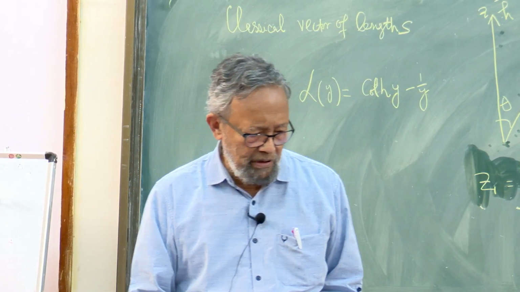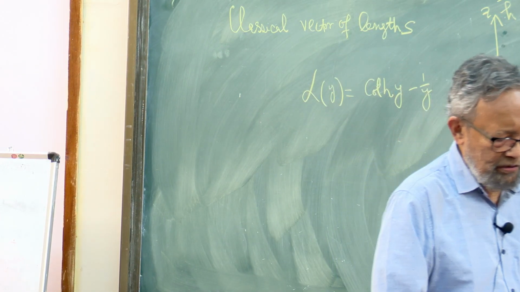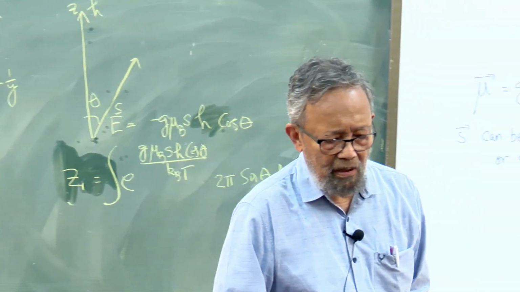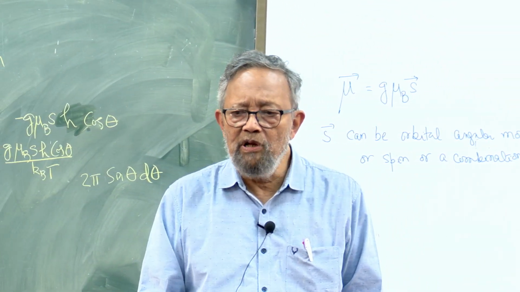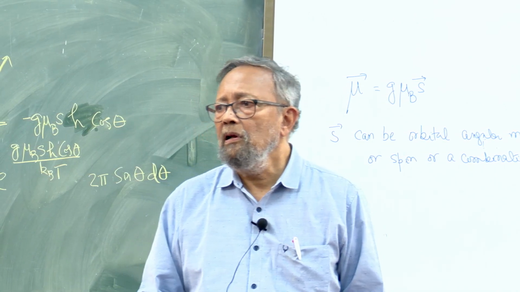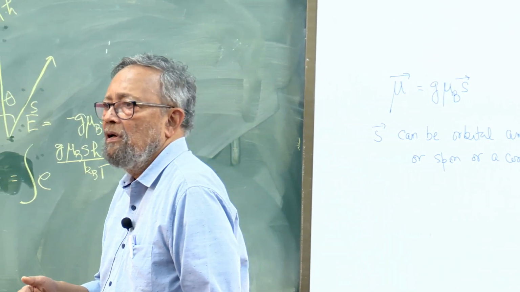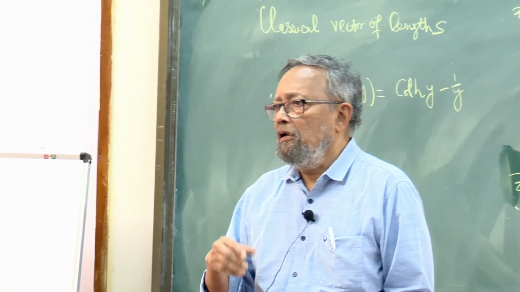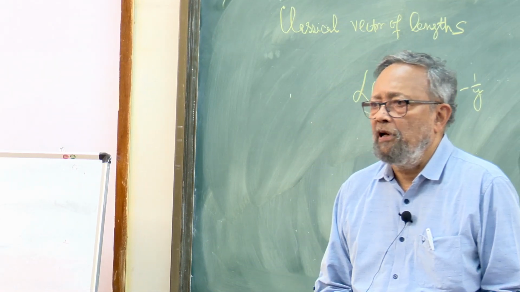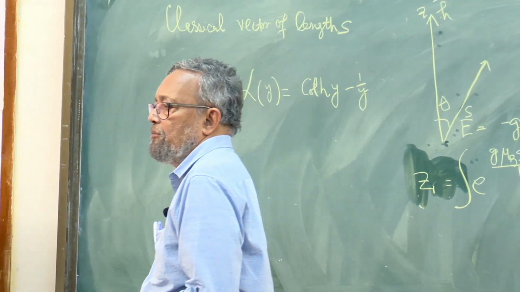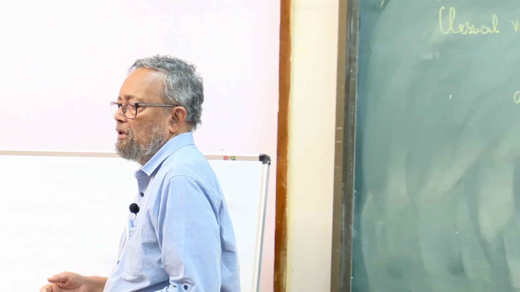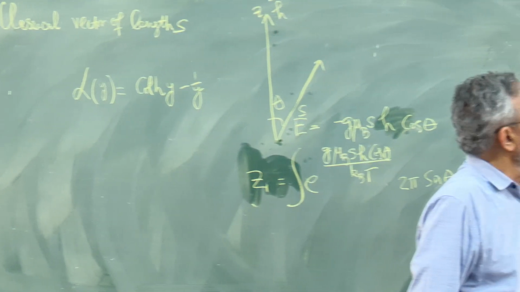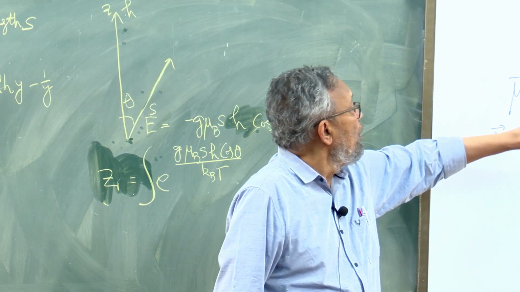So the next thing that I want to do is again a calculation of paramagnetism, but now, instead of looking at localized magnetic moments, I will look at the electron gas, where now Fermi statistics will come into the picture, and the magnetic moment of the electrons will now give you some magnetic behavior. So we will see paramagnetism because, if you have electrons, S will be equal to half, G is equal to 2.